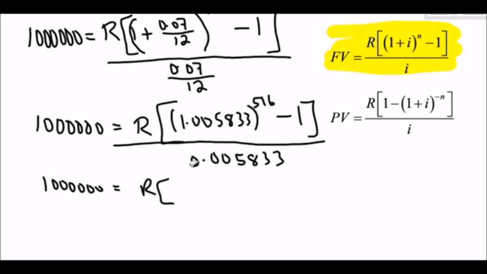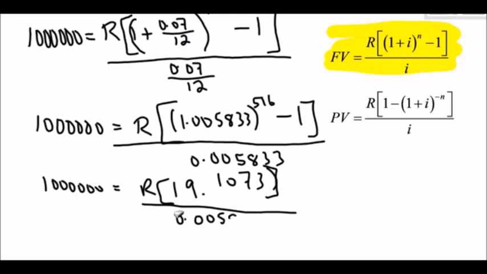So I get 19.1073, and that's divided by 0.005833. So now I'm going to do these things here. So that R is multiplied by 19.1073 and divided by 0.005833.